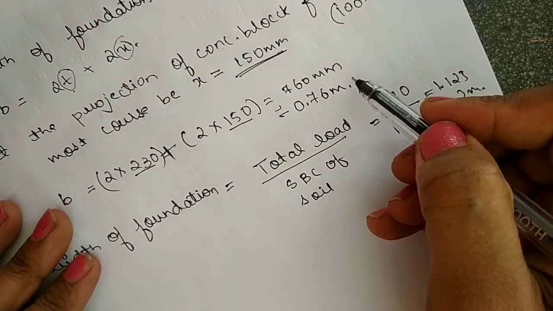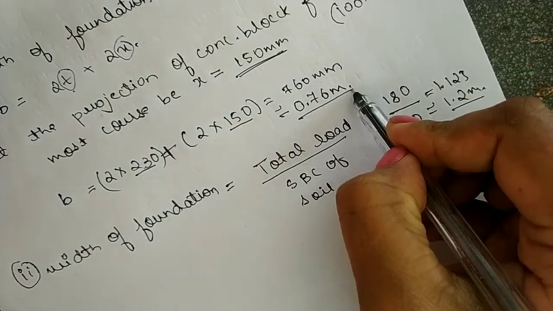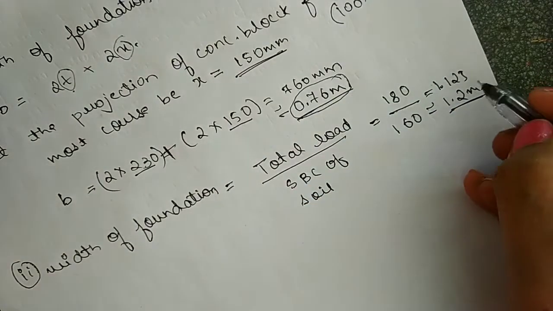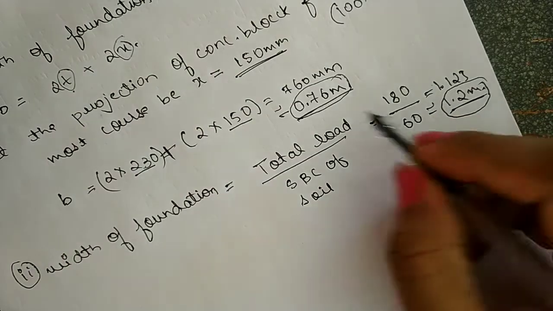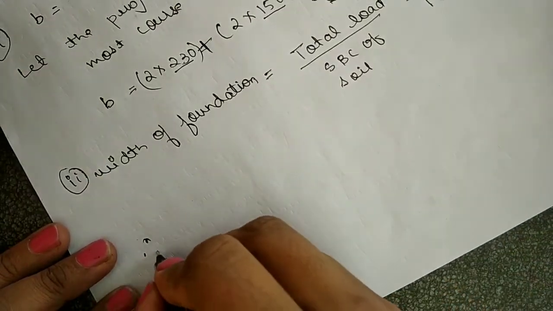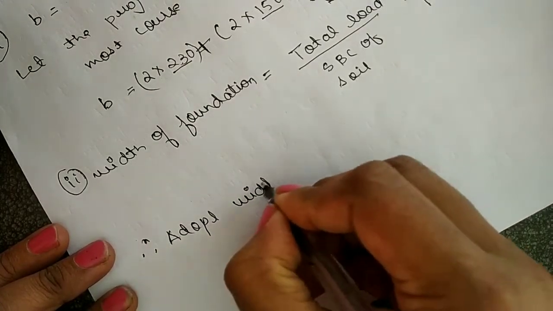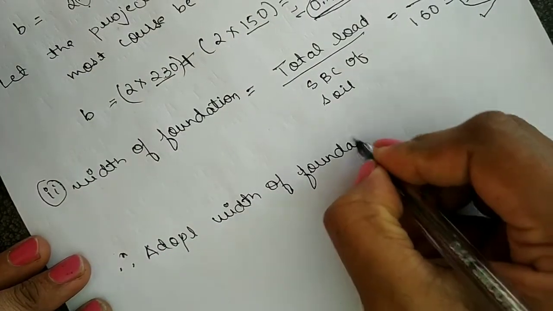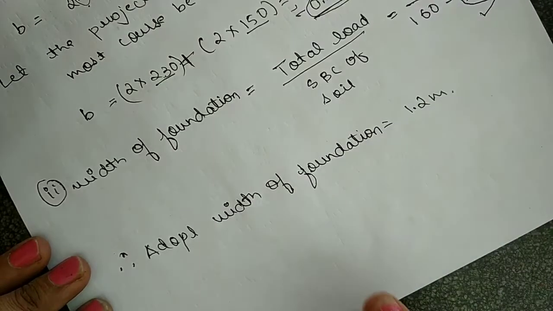While adopting the width of the foundation, you have to take the greater of these two. One answer is 0.76, another answer is 1.2. Whichever is greater, you have to adopt it. So the greater is 1.2, therefore adopt width of foundation equal to 1.2 meter.